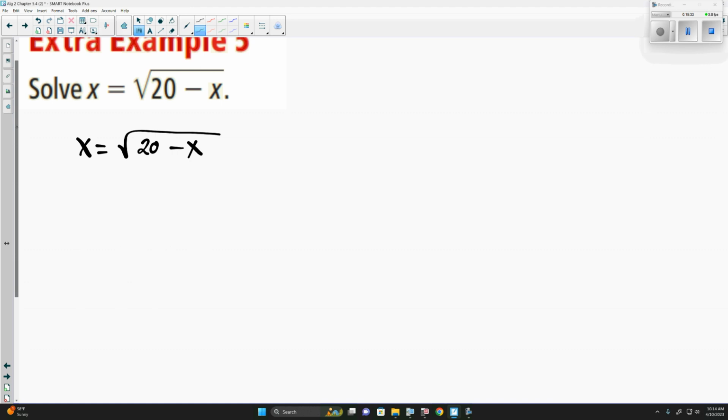Is the radical by itself? Okay. So that means we can move on to step 2, put both sides to the nth power. So what are we going to put both sides to? 2. Because here the square root and square would cancel, leaving us with 20 minus x.